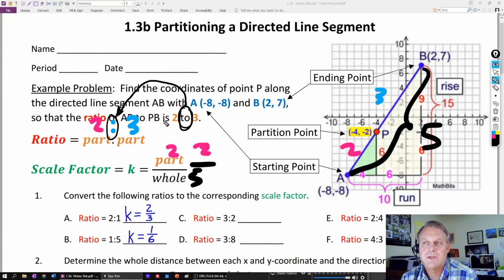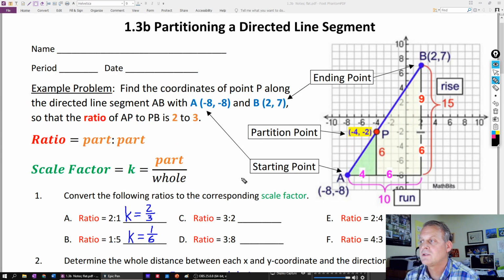So the ratio 2 to 3 can also be written with a colon. And the scale factor will always be a fraction, at least for our purposes, with the part on the top and the whole underneath. Okay, so let's practice.